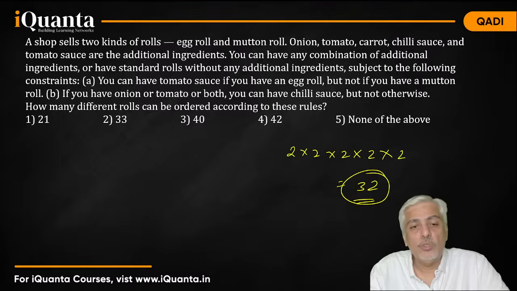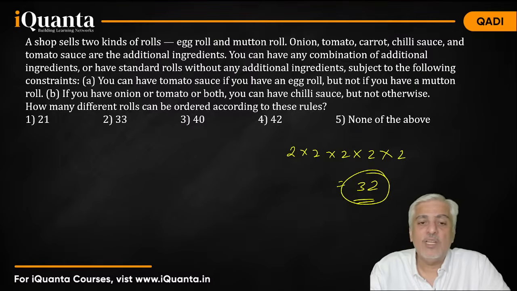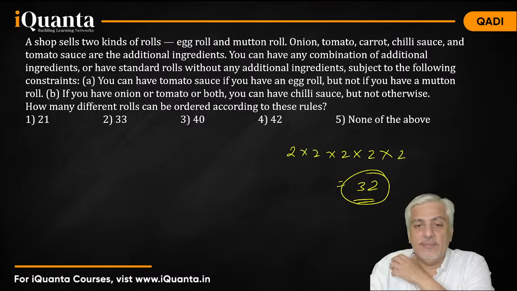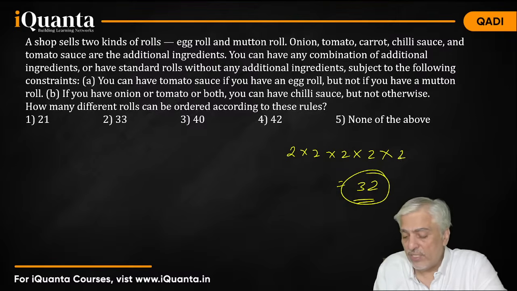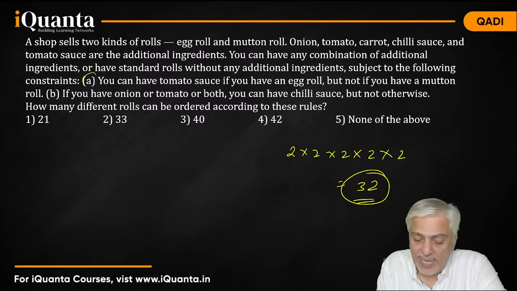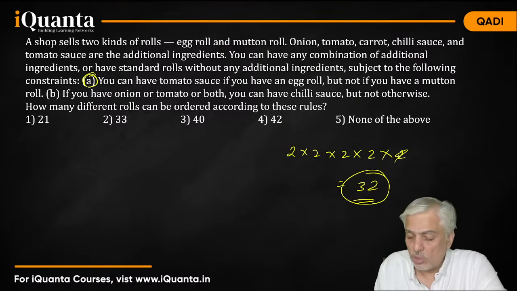So what you can also do is, first think of the other 4. You have onion, tomato, carrot and tomato sauce. Here in this case, in fact you would have only 4 because case A was also there. Case A said there was no tomato sauce. So this was not there. So it would have been 16.